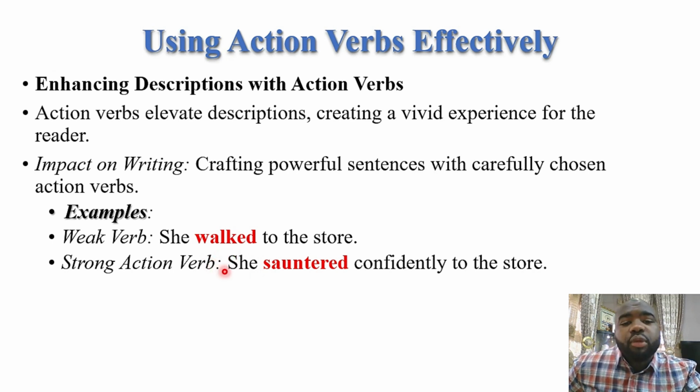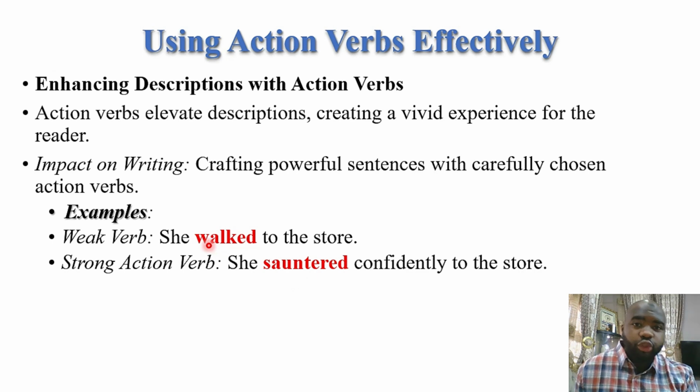She sauntered confidently to the store, meaning what? She walked slowly, confidently, as if she owns the store or something like that. But she walked slowly. This is what sauntered is referring to.